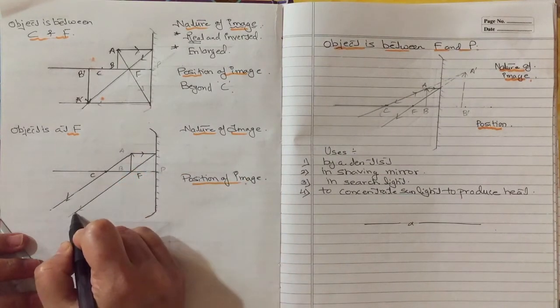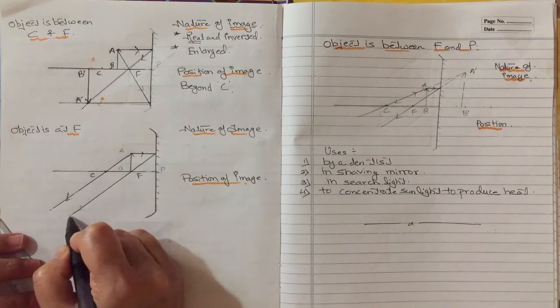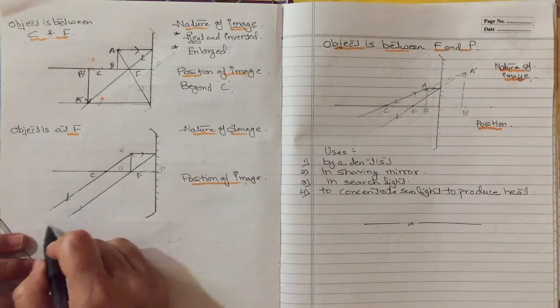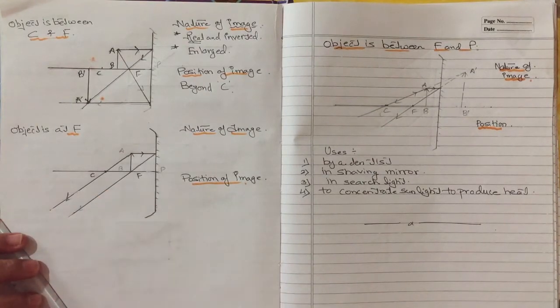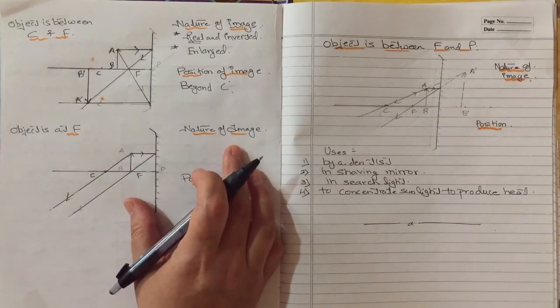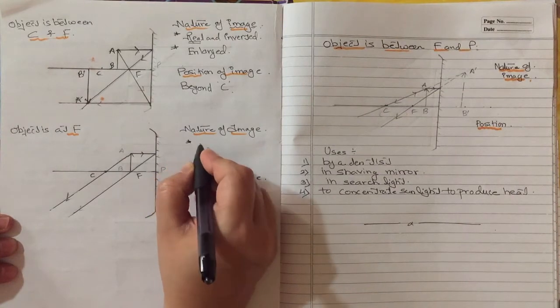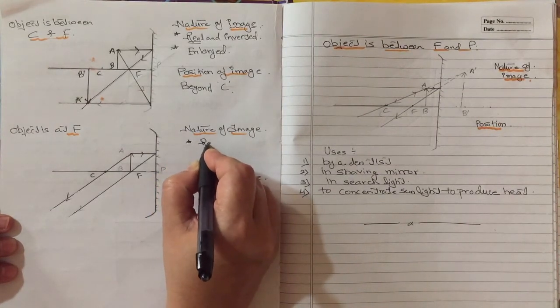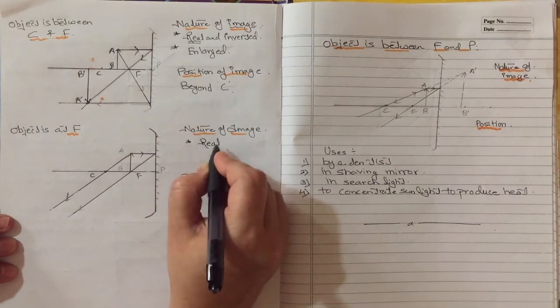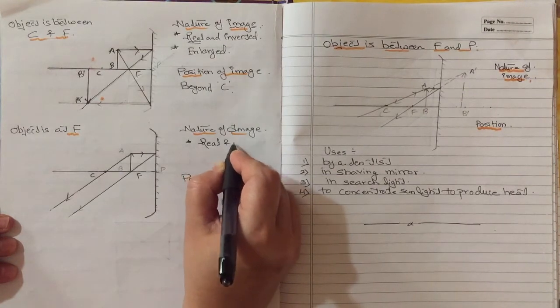Now as you can see here, the rays are almost parallel to each other, but it is assumed that far away at infinity these rays are meeting and the image is formed over there, because they are going to meet actually. So the image is real and inverted.